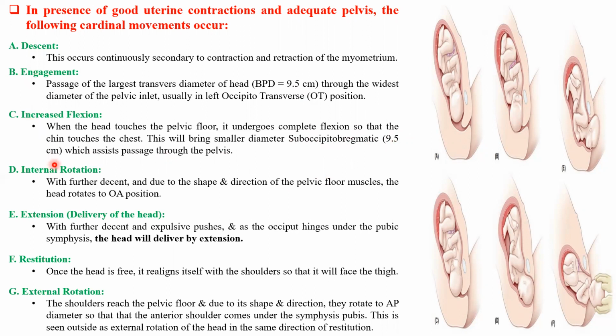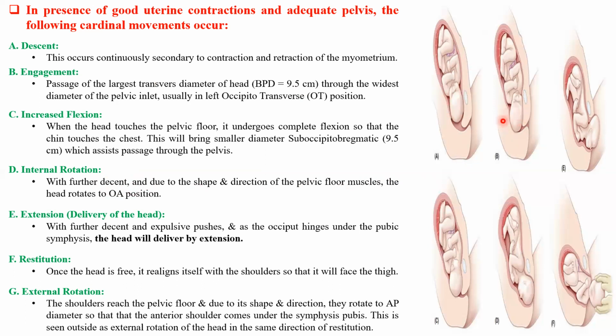With further descent, as we discussed before, it is a continuous movement throughout the mechanism of labor. Due to the shape and the direction of the muscles of the pelvic floor, the head will rotate into occipito-anterior position. So in occipito-anterior, the occiput will be below the symphysis pubis, and the face will be facing downwards. So descent, then engagement, which means the passage of the largest transverse diameter through the plane of the pelvic inlet.